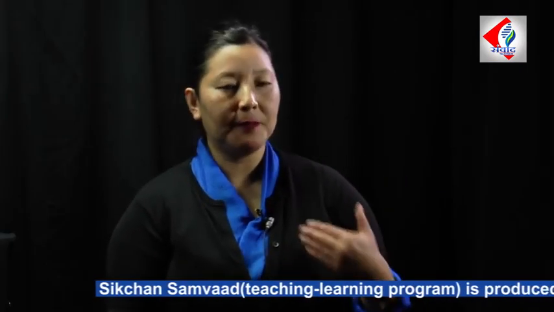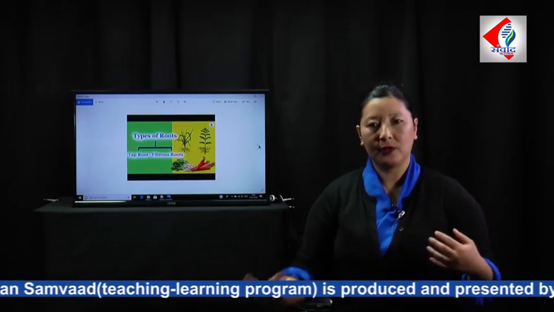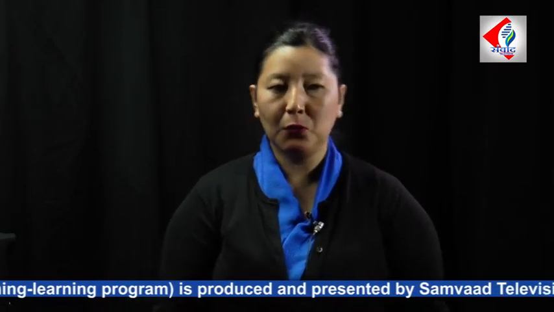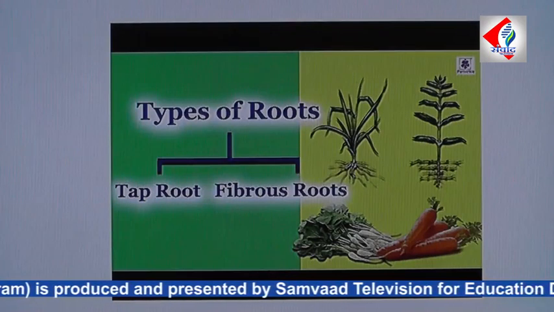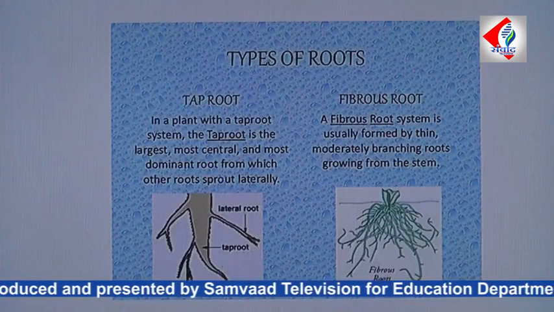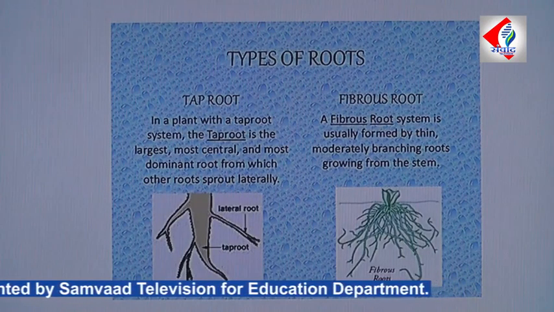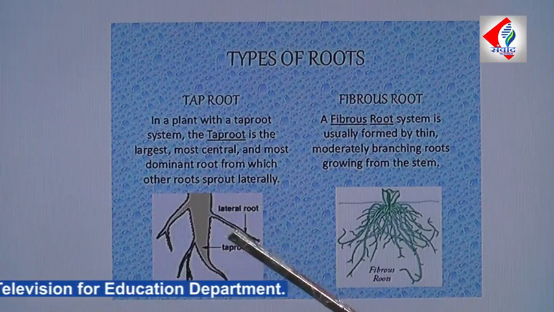Now we come to the other part, that is the root. We already know they grow under the ground, but there are two types of roots which you have to know, and they are taproot and fibrous root. A taproot is a root system in which there is a central large dominant root.